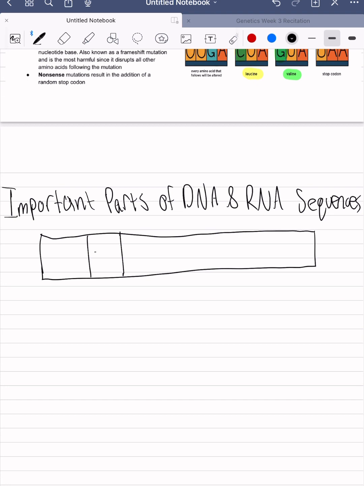We have the 5' untranslated region, exons and introns, 3' untranslated region, and here we have TSS, which means transcriptional start site. And here we would have another TSS, but this would be transcriptional stop site.